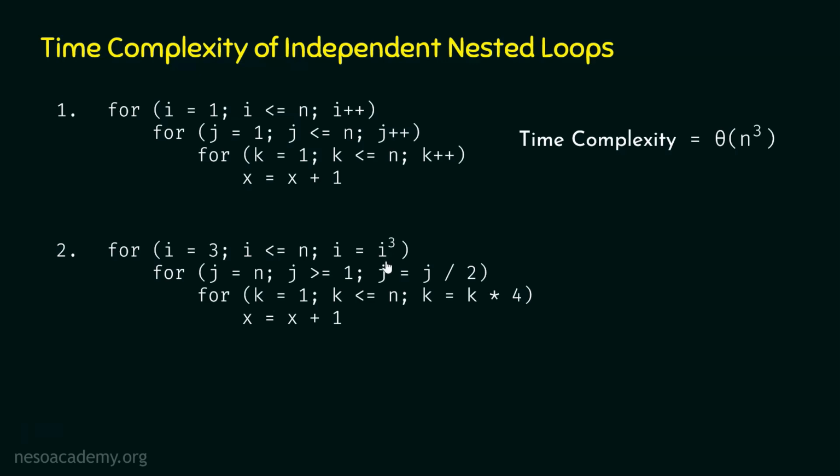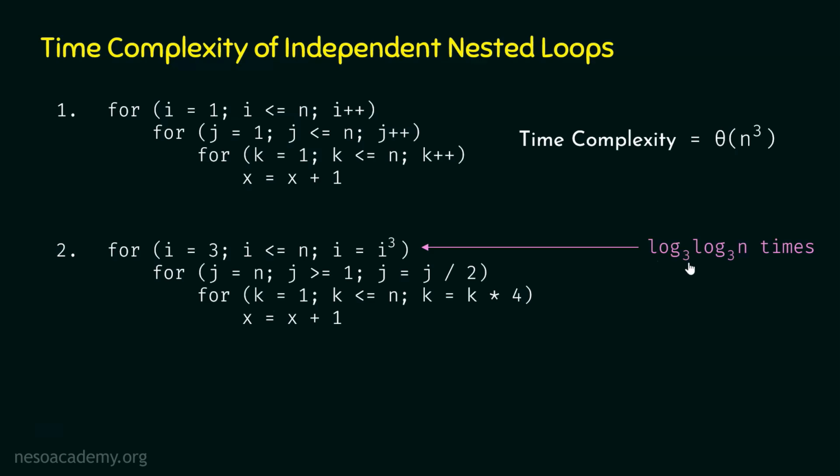We know the frequency count of these types of for loops is log n, and the base of the logarithm can be obtained from the power of the variable and from the constant in the initialization statement. Here we have the constant 3 in the initialization statement, and in the power of variable i we have 3. So the frequency count of this for loop is log n base 3.